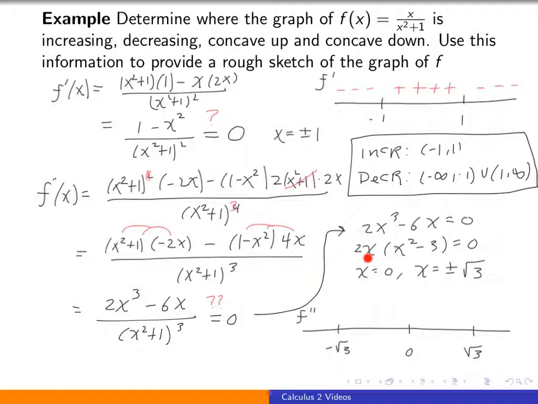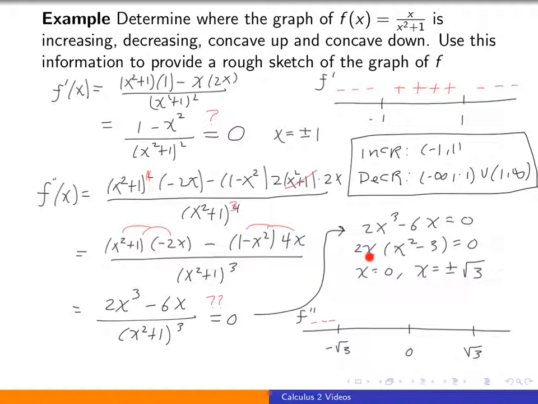Where is it negative? If I plug in a number like, say, minus 4, you would end up with minus 8, a negative, times a positive. So f double prime will be negative to the left of minus root 3. In between minus root 3 and 0, if I plug in a number like, say, minus 1, you would have 2 times minus 1, which is negative, multiplied by minus 1 times minus 3.